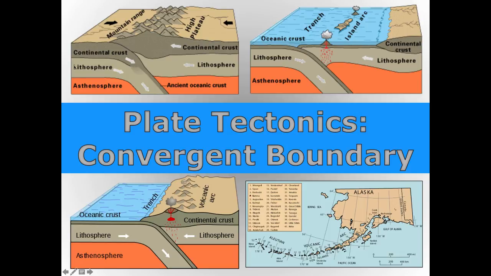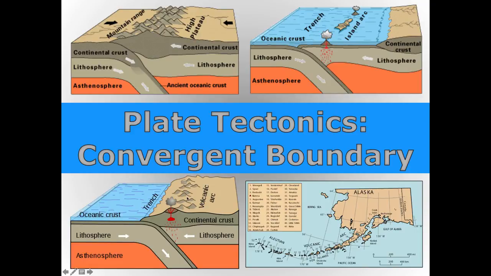So let's look at this top one here. There's an example of continental crust moving towards continental crust, creating a mountain range, kind of like the Himalayan mountains in India. And then over here to the graphic to the right of it, we have an oceanic plate moving towards an oceanic plate, and you can see that island arcs can form, kind of like the Aleutian Islands.